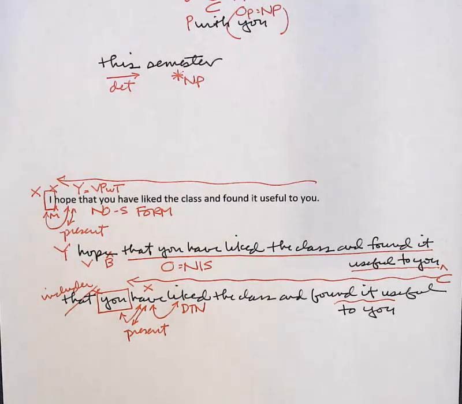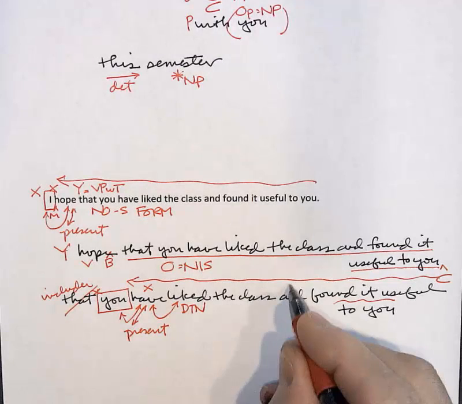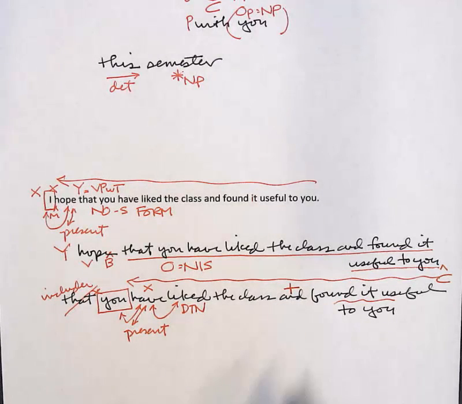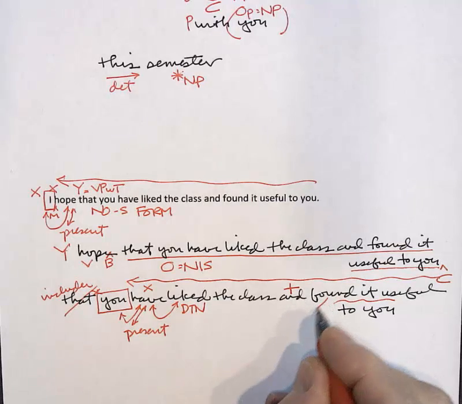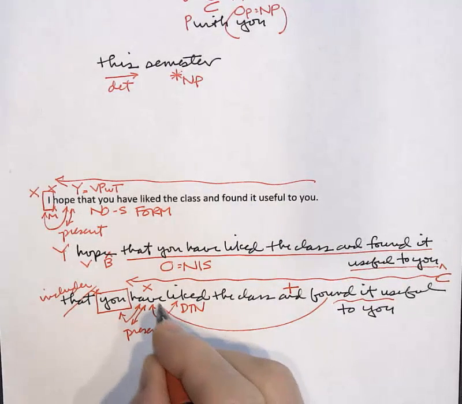Now, before I stop, I better take a look and see. We do have a coordinator, so maybe I should see what are we putting together. Now, on this side, I have found it useful to you. So on this side, I should also have something the same. Now, found it useful to you is some verb phrase, but on the other side, I have the DTN form verb phrase. So I think that this also is a DTN form, and it ties with have also.